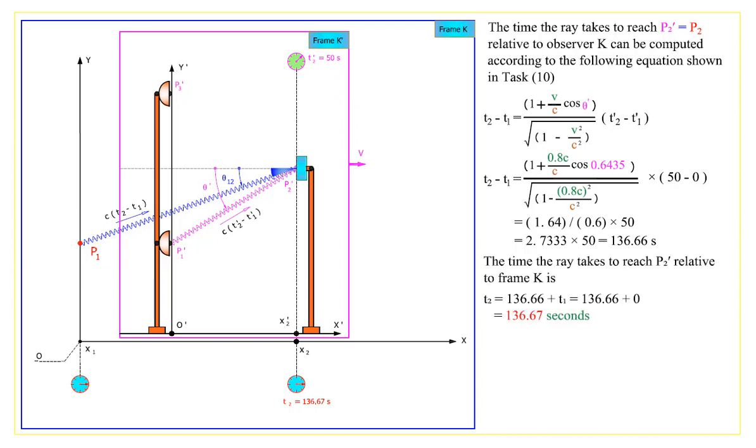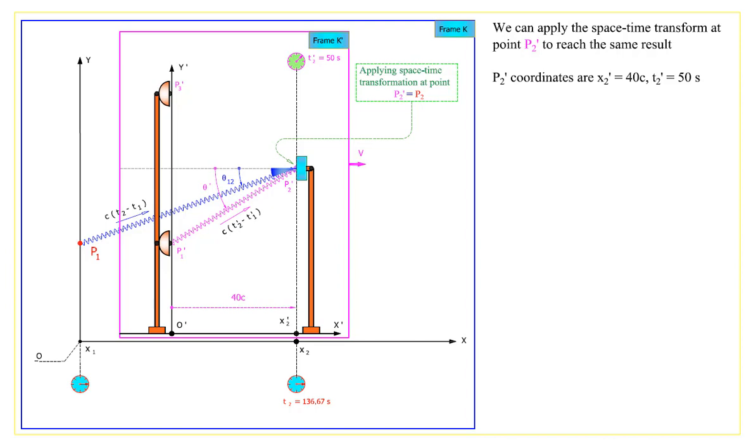The time the ray takes to reach p'2 relative to frame k is t2 equals 136.66 plus t1 equals 136.66 plus 0 equals 136.67 seconds.